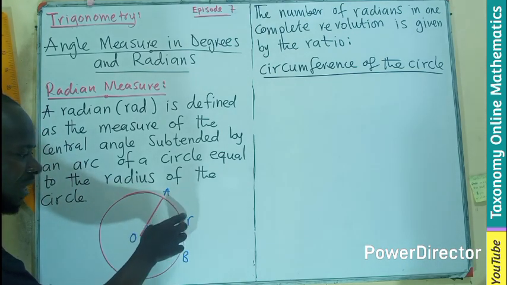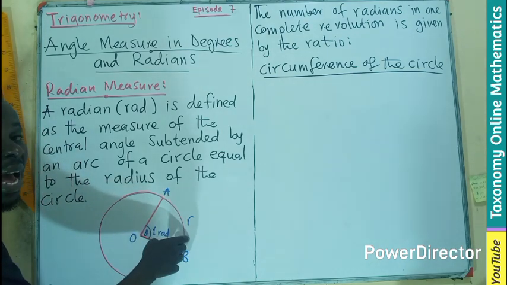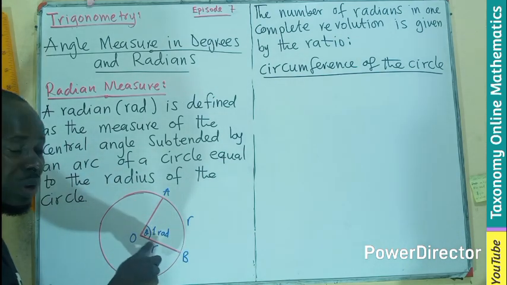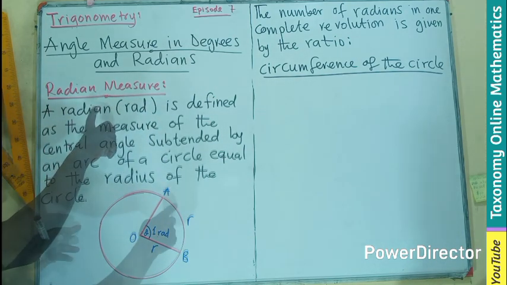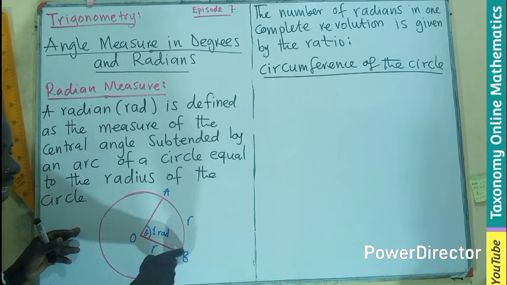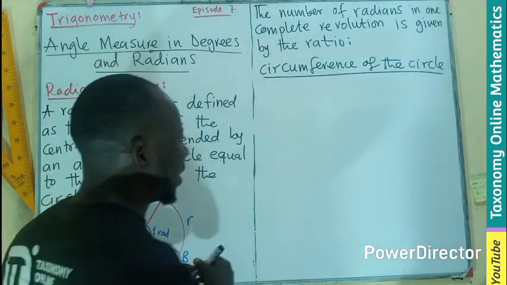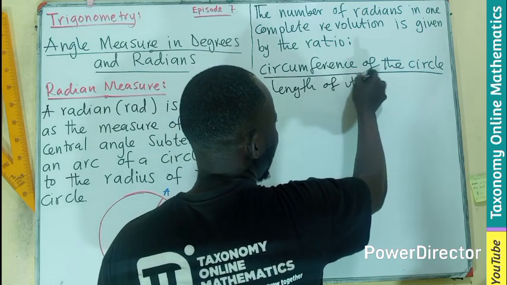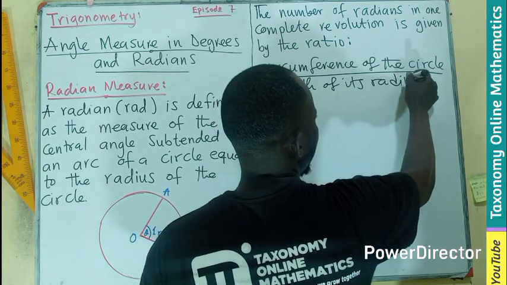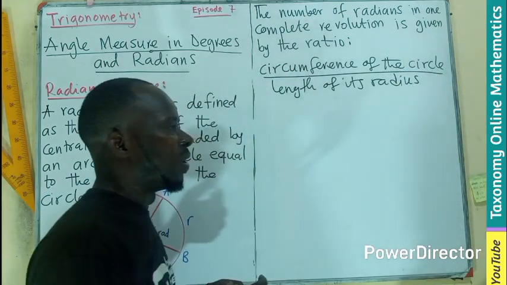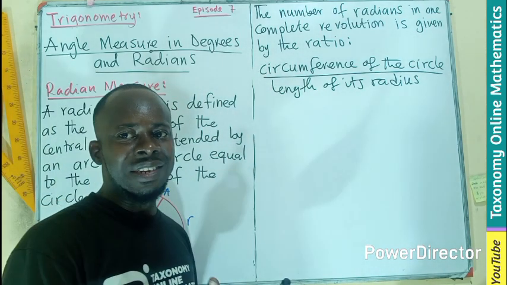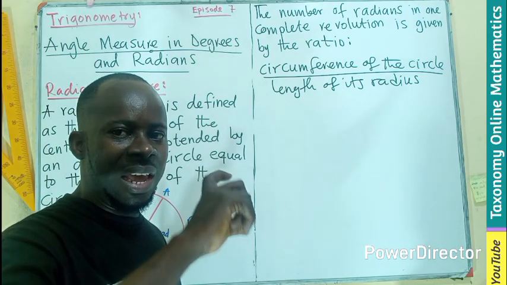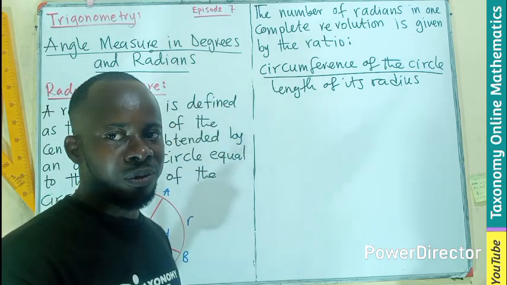This length we are using is the arc length, which is also the same as the radius we established by the definition here. The length of the arc, which is still the same as the radius. So I'll just say length of each arc, radius, is a ratio. So to know the number of radians that will be established or can be found in any circle that has an arc equal to the radius.